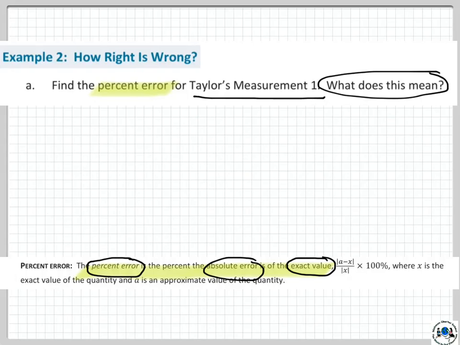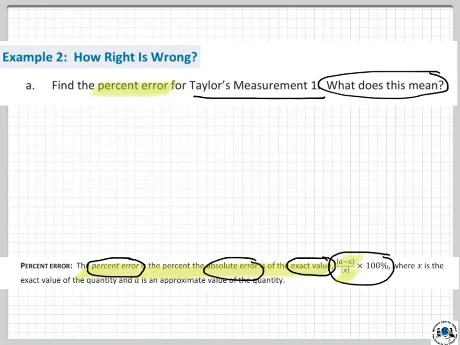So anyway, here we go. So the percent error, and again, of course, there's a formula here, and so sorry about all the coughing, is the absolute value of the approximate measurement and the exact measurement. So the difference between those two, the absolute value of a minus x, over x, which is that exact value.